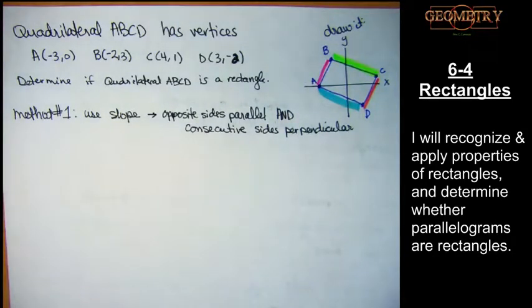If we can get both of those conditions met, this thing's a rectangle, he can come into the party, and he can hit on all the hot parallelograms.